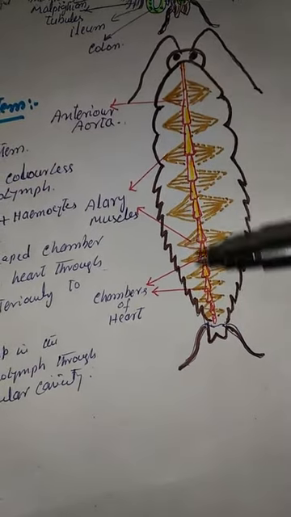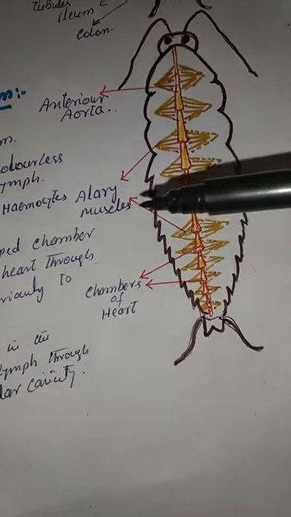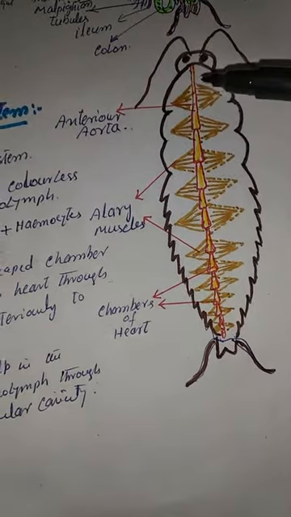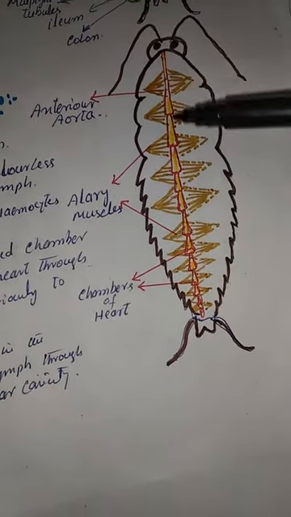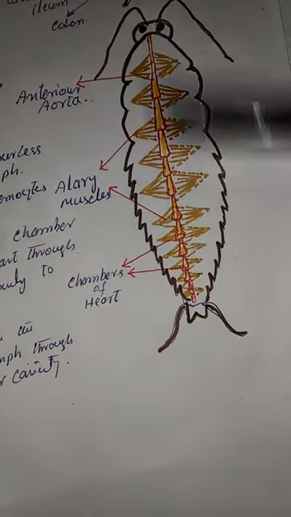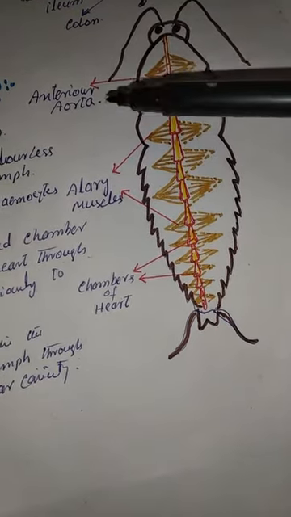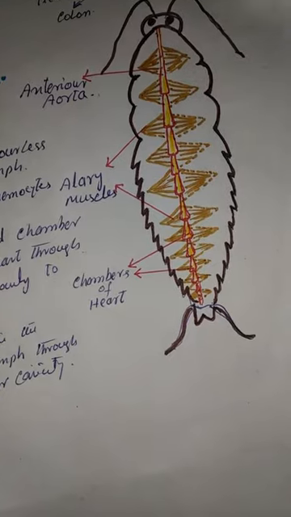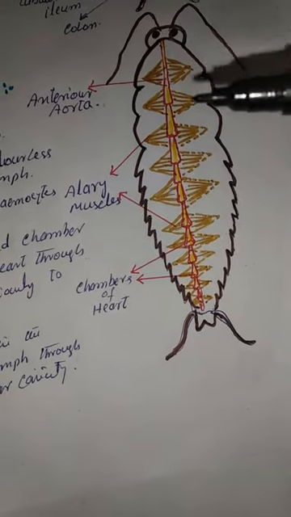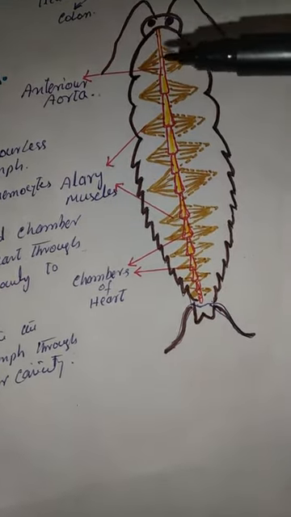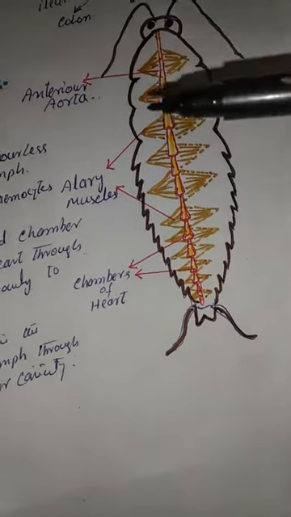The tubular heart of this insect consists of almost 13 funnel-shaped chambers. The hemolymph enters the heart through the openings known as ostia and is pumped anteriorly to sinuses again.